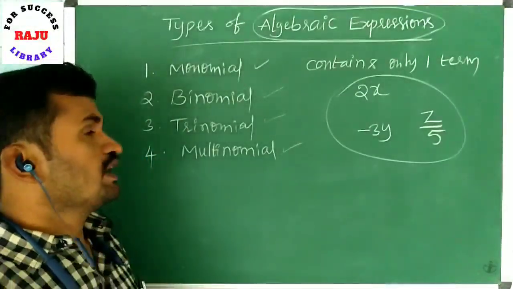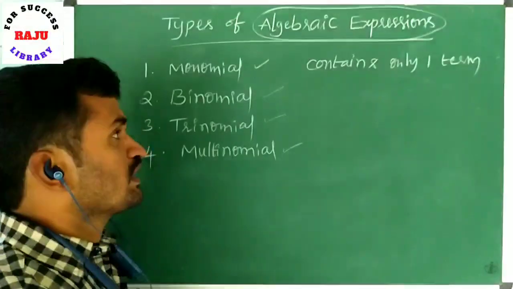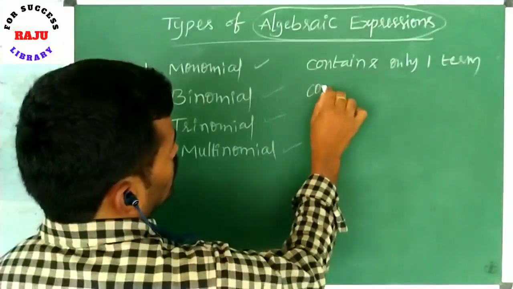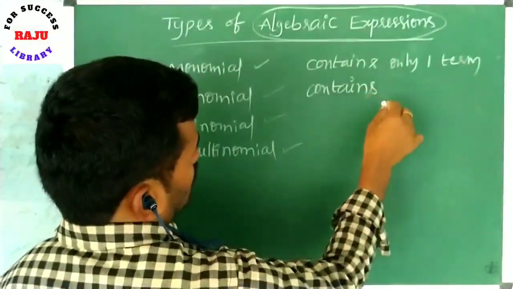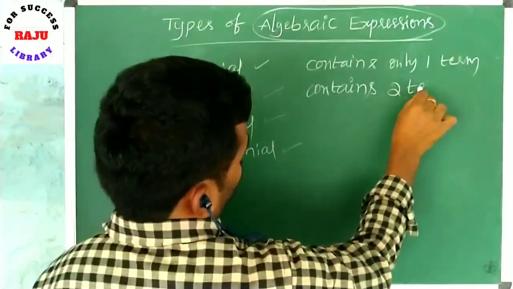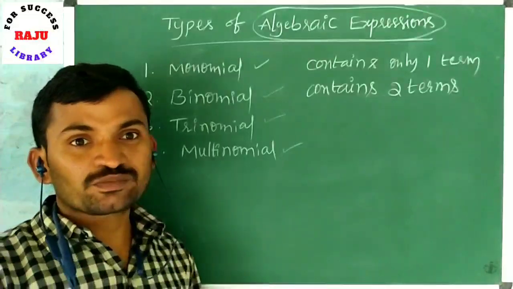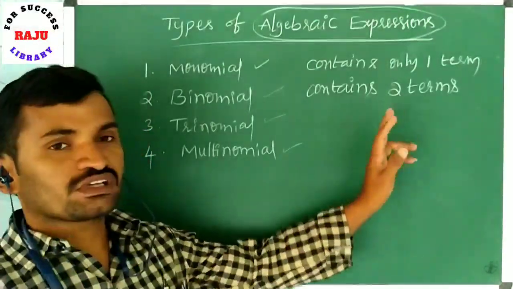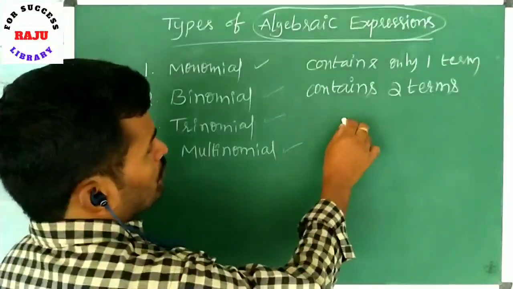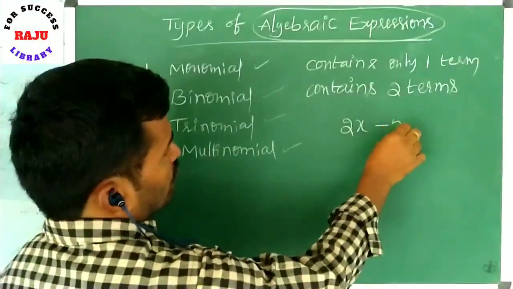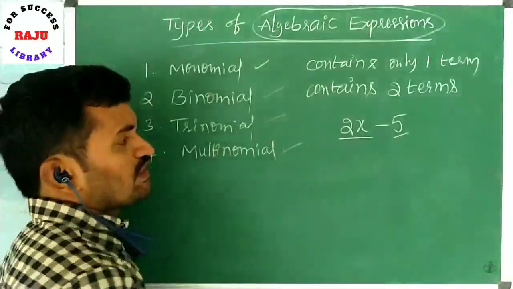Okay. Next, binomial. What is a binomial? Binomial means it contains two terms. If an algebraic expression contains two terms, it is called a binomial, whatever it may be. For example, if you take 2x minus 5, here 2x is one term, 5 is another term.